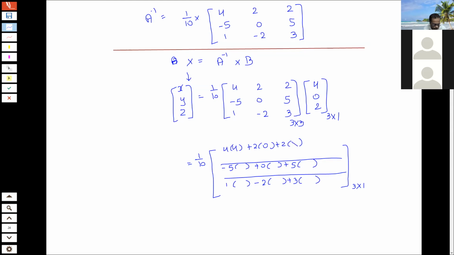Okay, multiply: 4 4s are 16 plus 2 2s are 4. So I'm getting here 20. So this is minus 20 plus 10. So I'm getting minus 10.